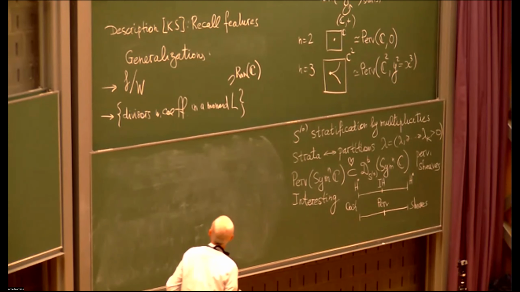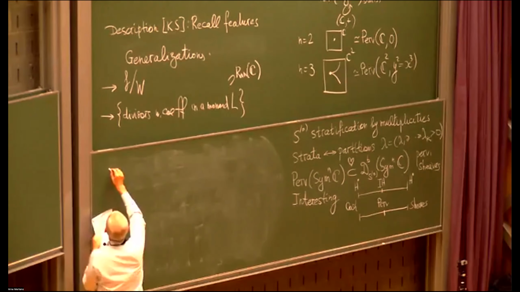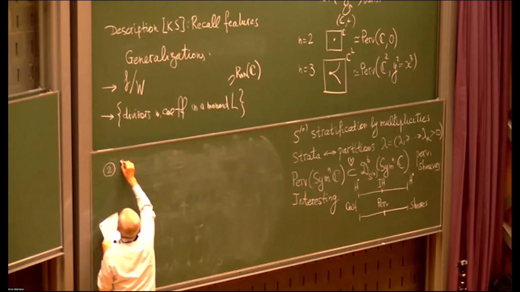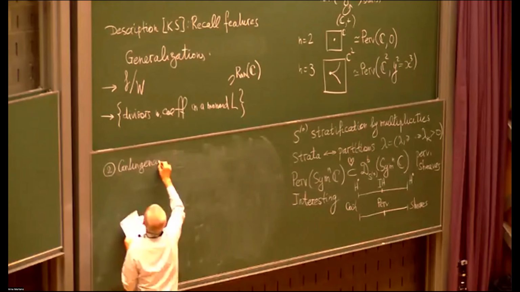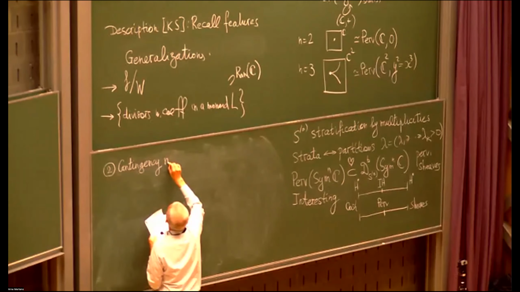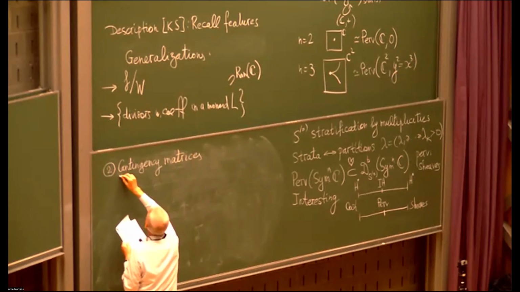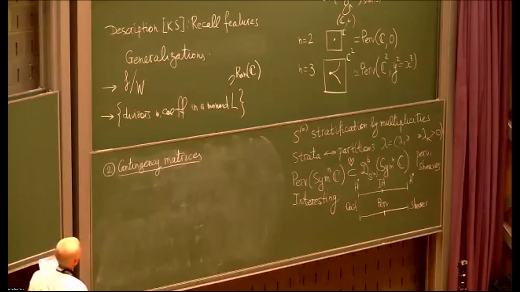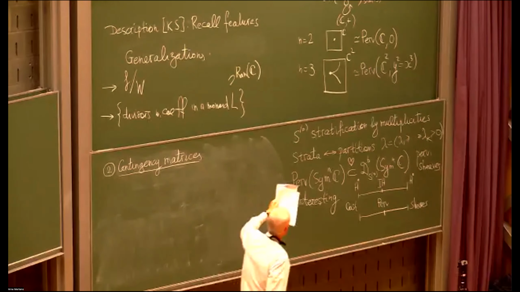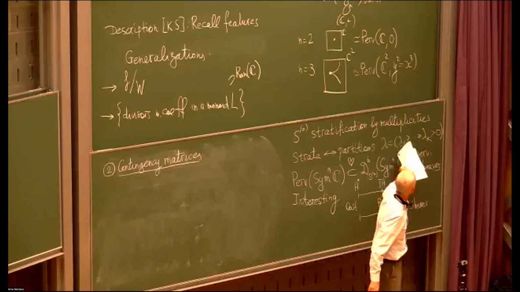The main feature I want to recall is the concept of what we call contingency matrices. I start with partitions, but not like this. Here the partition is unordered, even though I have inequalities here.